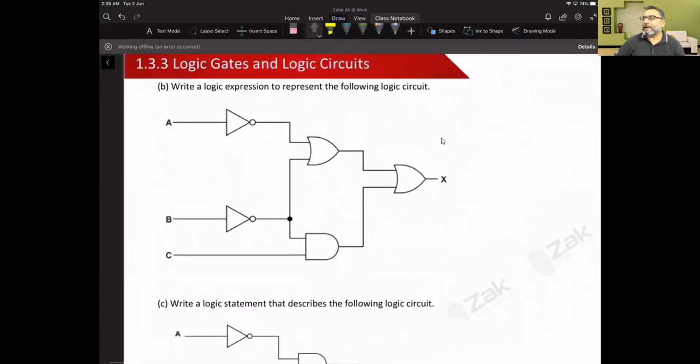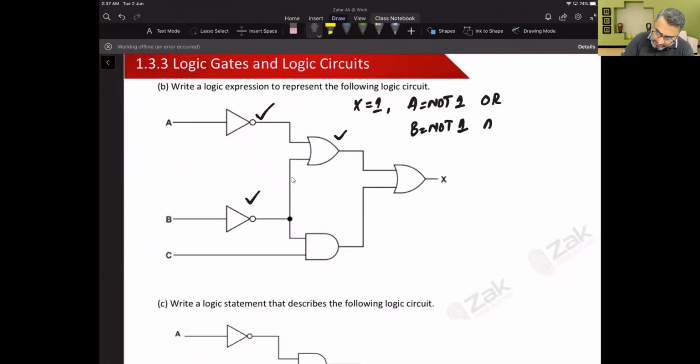Now it says to write a logic expression to represent the following logic circuit. So it would be x is equal to 1 if a is equal to not 1 over here, or b is equal to not 1 over here, and c is equal to 1.